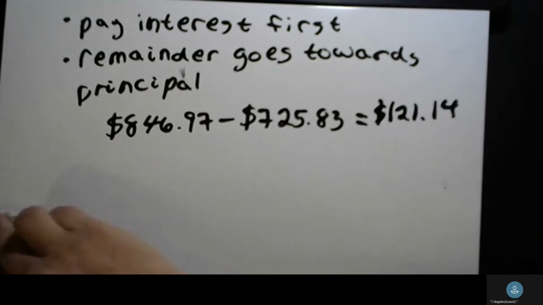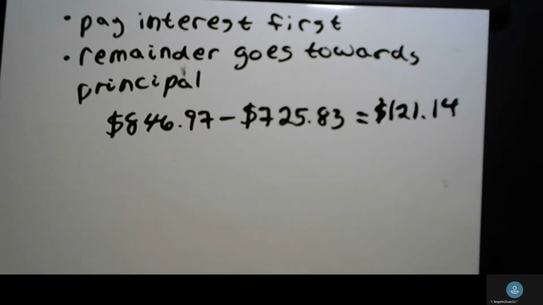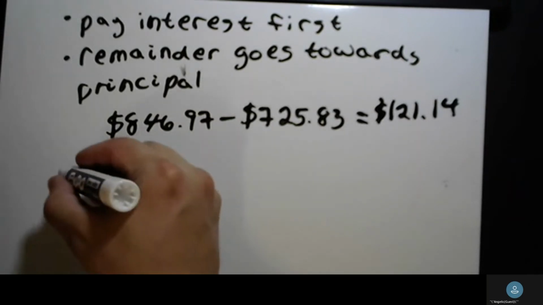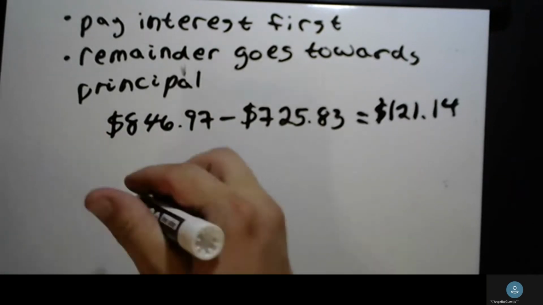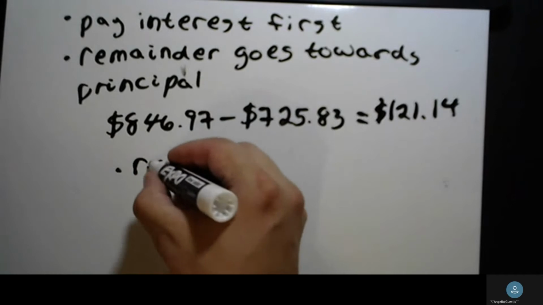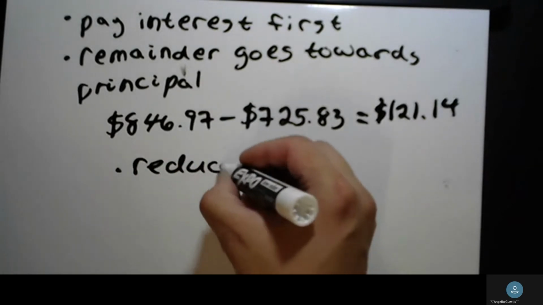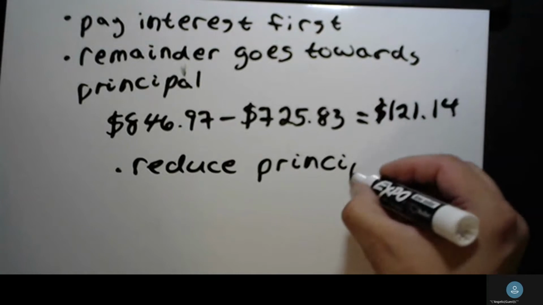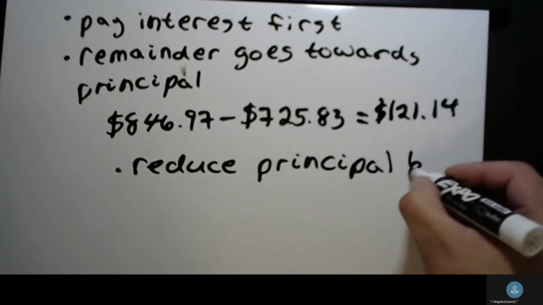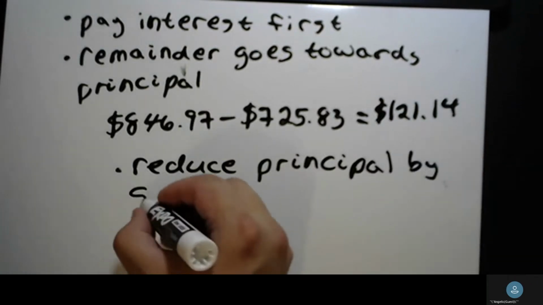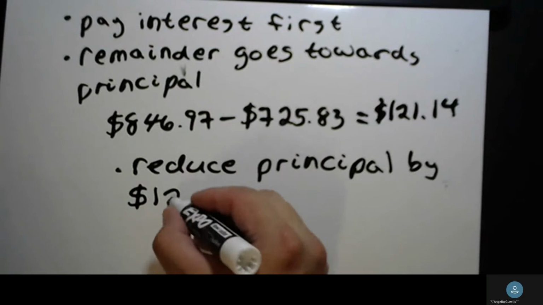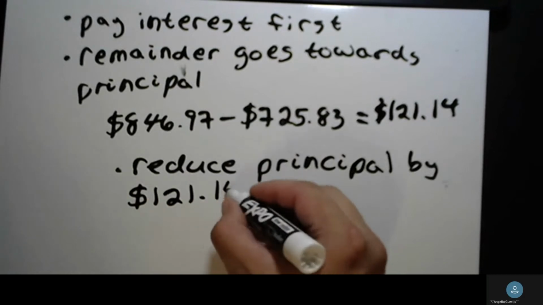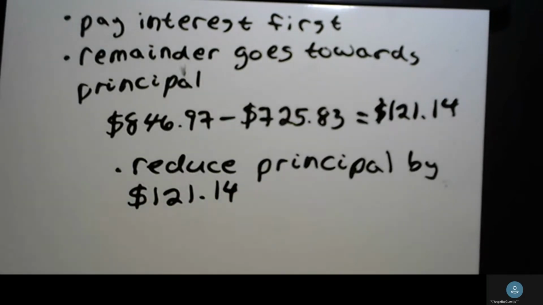So that means we can reduce the principal, even though we did a payment of almost $850, we're going to reduce the principal by $121.14.